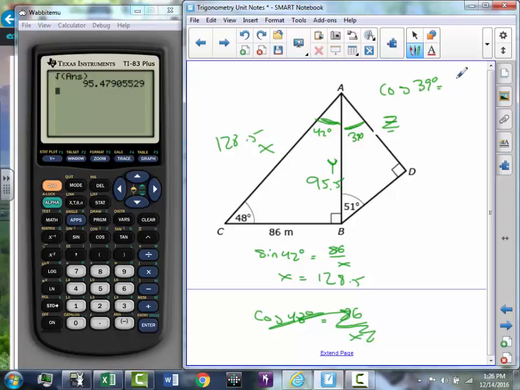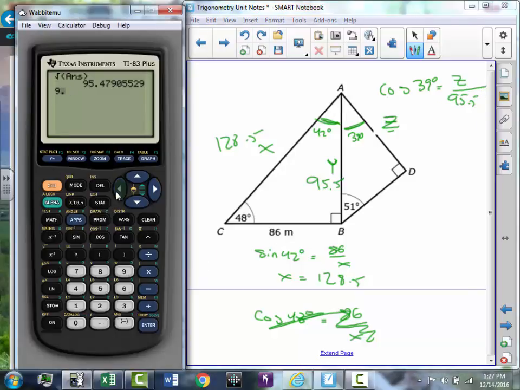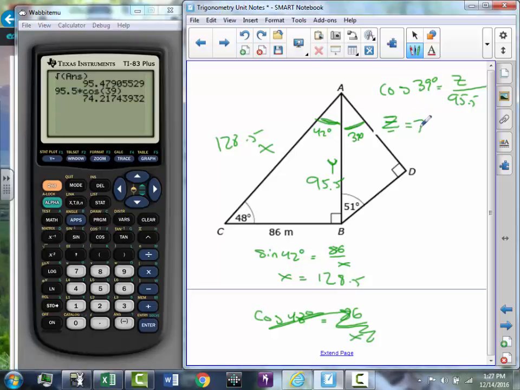Z would be the adjacent over the hypotenuse, and the hypotenuse we just said was 95.5. So if you take 95.5 and times it by the cosine of 39, we now know that this side here is 74.2.